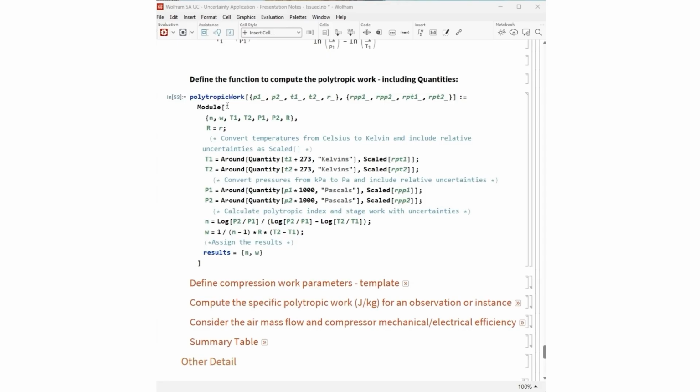This is defined in a small module where the units are converted as well as scaled to the uncertainties. Here the polytropic index and the work per unit mass is computed and placed in a variable called results. So let's get going with this.